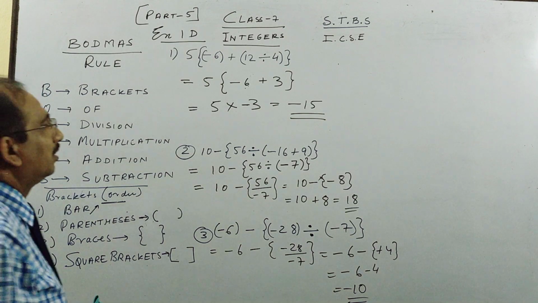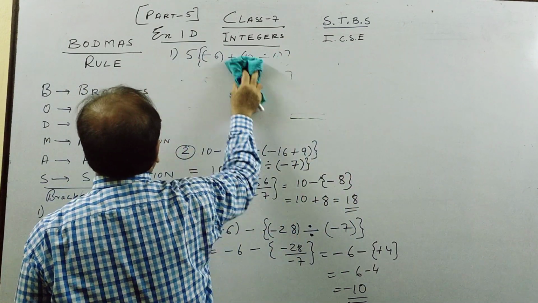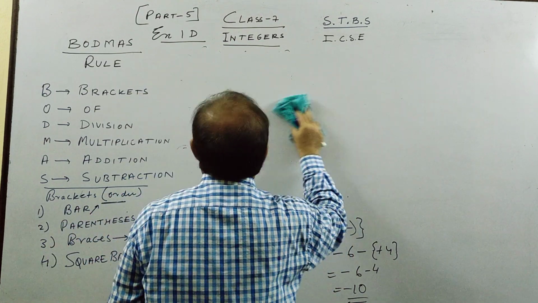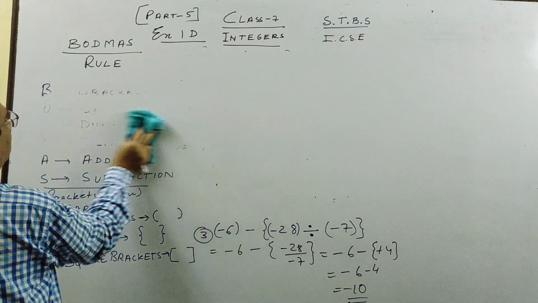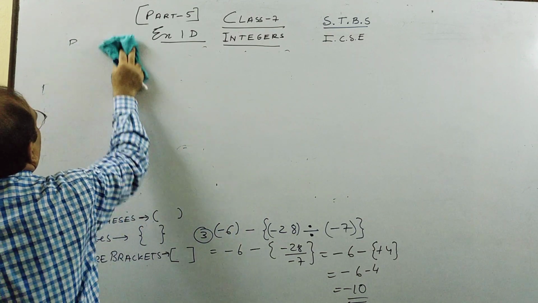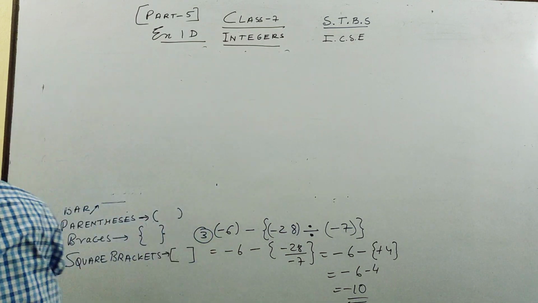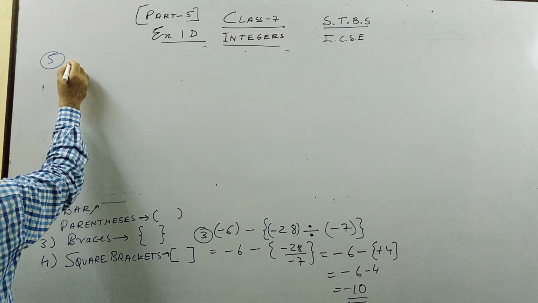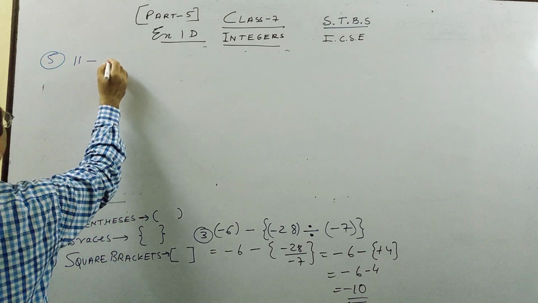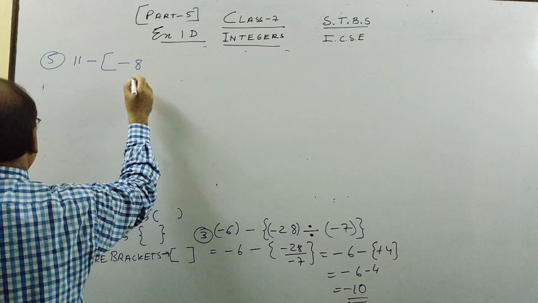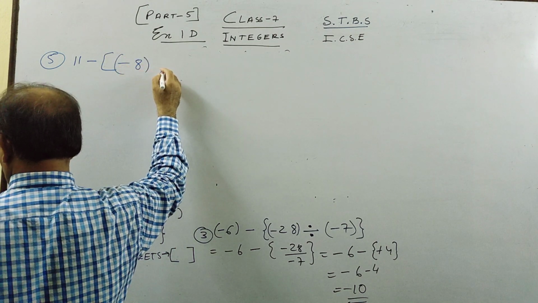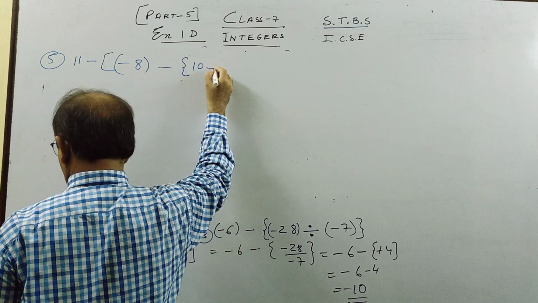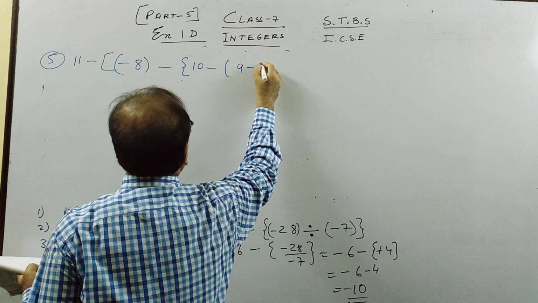So number 5 is this. Numbers 5 and 7. See, I'm doing number 5 here: 11 minus 8 minus middle bracket 10 minus 9 minus 7 minus 4.